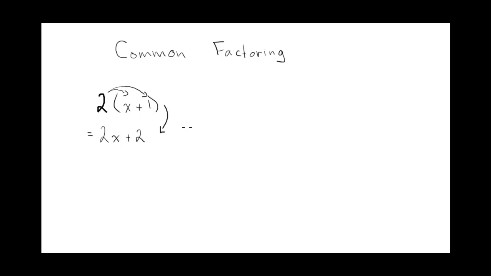Well, common factoring is actually just going backwards. So taking this and going back to the unmultiplied form. If you were given 2x plus 2, how do you get back? Look at these two terms, 2x and 2, and say, what's the greatest common factor?